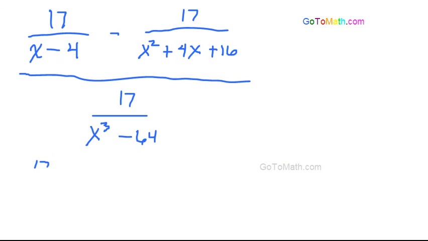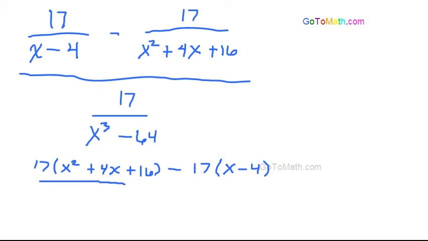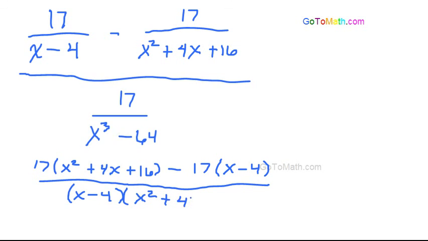So this is going to become 17 times x squared plus 4x plus 16, and then minus 17 times x minus 4, and that's going to be all over x minus 4 times x squared plus 4x plus 16.